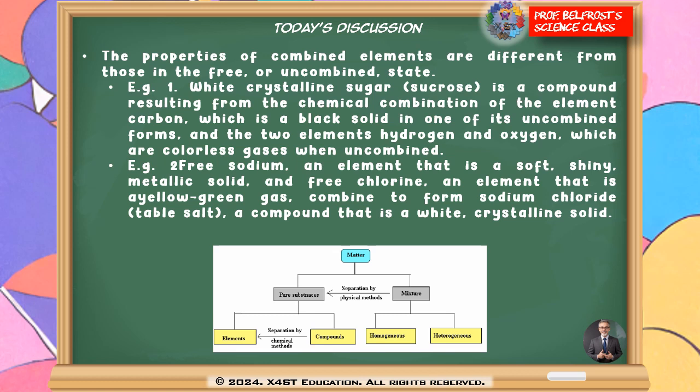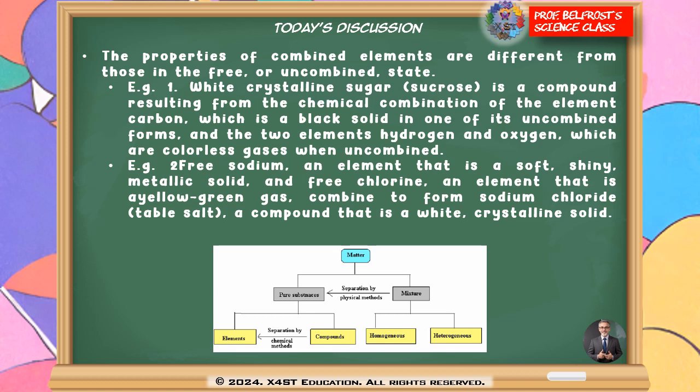Maybe you have sucrose in your syrup or in your drink, anything that you consume daily, and it tastes sweet. Hydrogen and oxygen don't taste sweet. Carbon also doesn't taste sweet, and also the color is different, right? So that is chemistry.